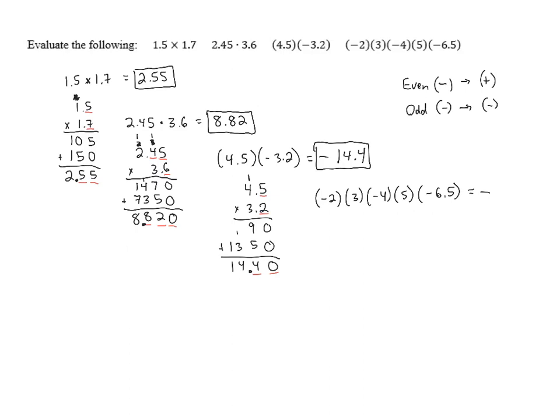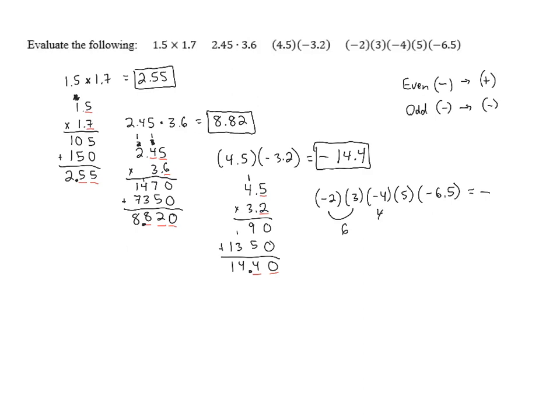So we don't have to keep track of all these negative signs one at a time. We can just look at the problem and see that because there's an odd number of negatives being multiplied together, our final answer will be negative. And then from there, we can do our multiplications from left to right. So 2 times 3 gives us 6.